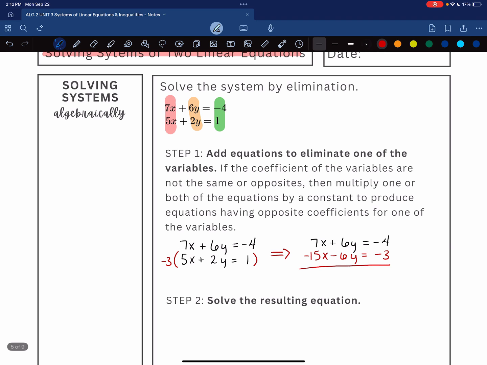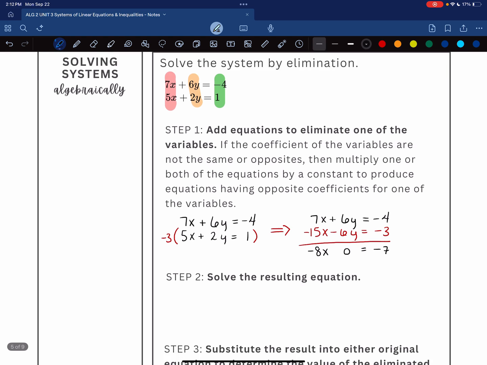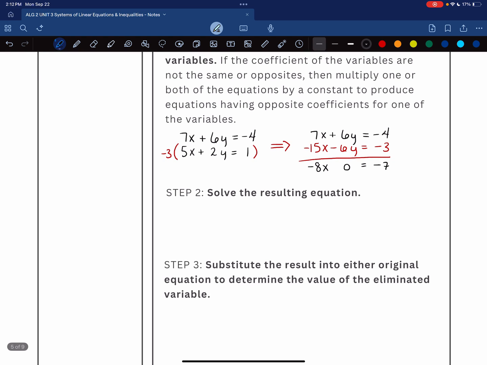Now that's going to work out nicely because my 17 and my 5 are going to combine and give me a negative 8x. But my y's are going to cancel out. So I have eliminated my variable of y. So now I have negative 8x equals negative 7.